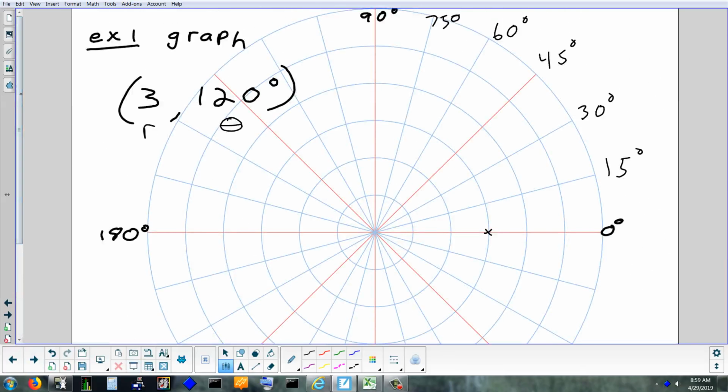I'm going to go 90, and then 15 and 15 more. I go 90, but then I had to go 30 past that to get to 120. And that is my answer. That's how you graph the point 3, 120 degrees. Questions on that?